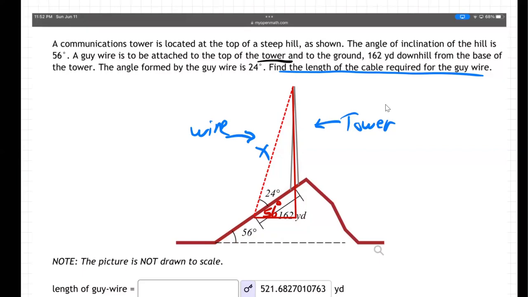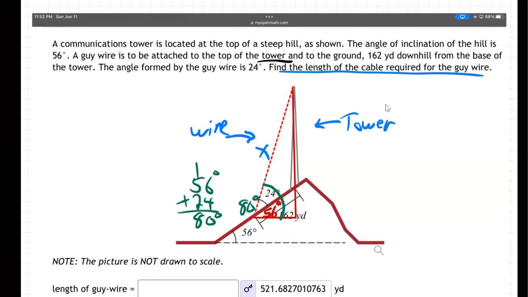Okay, so what? Well, then that means if that's 56, then I know this entire angle right here has got to be 56 degrees plus 24 degrees, right? And that's 80 degrees. This whole angle there, 80 degrees. Okay, so what?